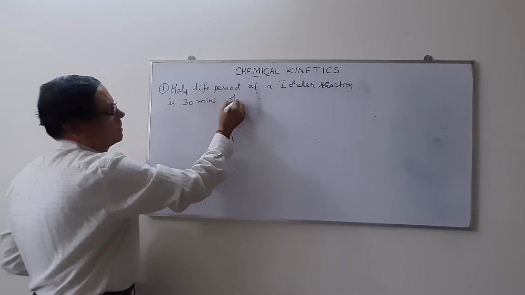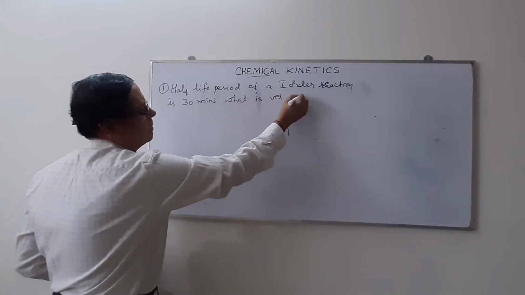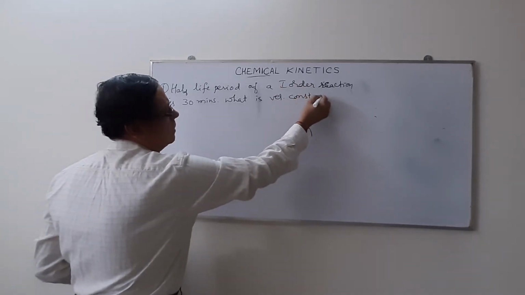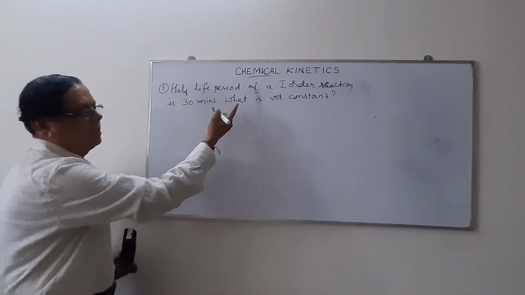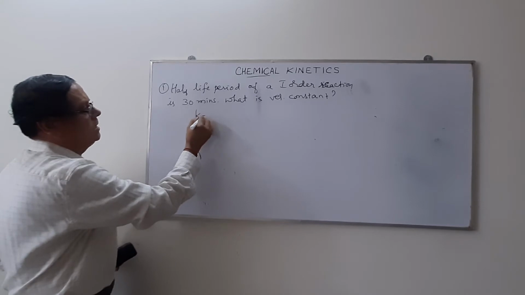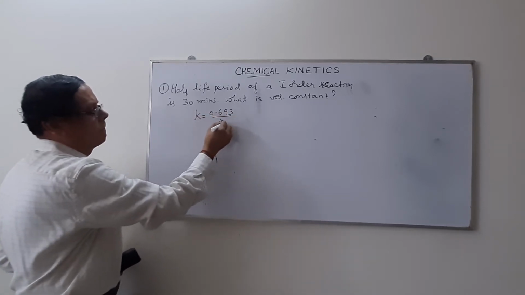What is the velocity constant for the reaction? Directly for such a numerical or exercise, directly write this equation: k is equal to 0.693 divided by t half.